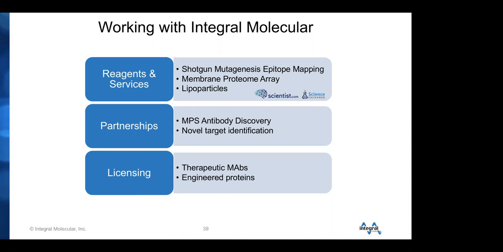There are a number of ways that we work with our customers. We have our reagents and services as a fee for service. That includes our epitope mapping, specificity profiling using the membrane proteome array, and purchasing lipoparticles. I also want to mention on the lipoparticle front, we will start chicken immunizations with a lipoparticle purchase if you're doing antibody discovery.